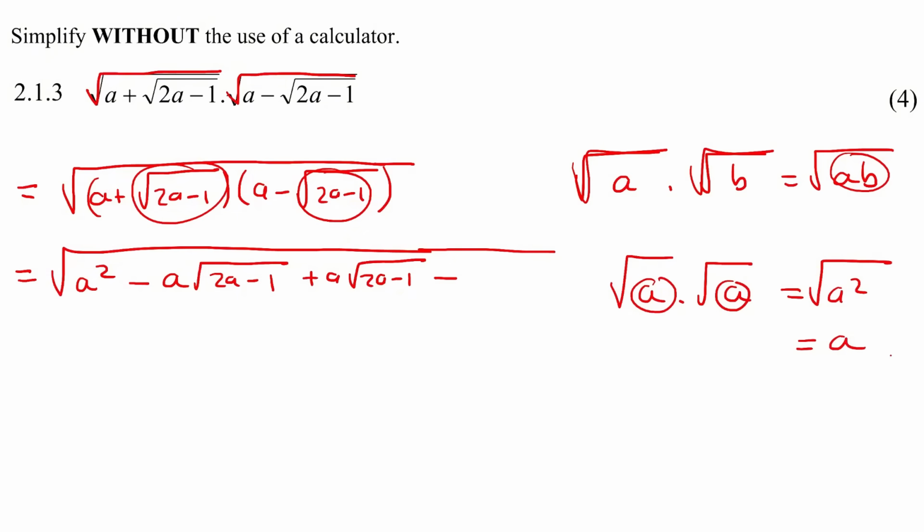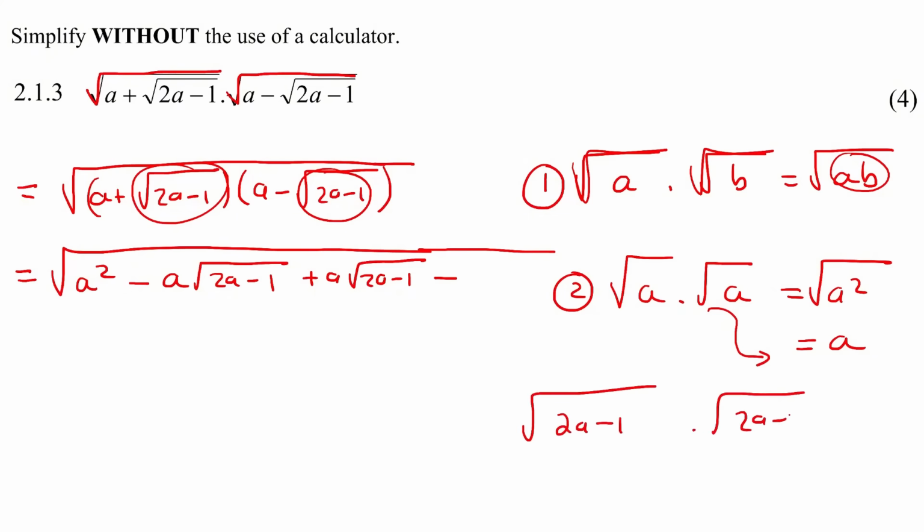It becomes a. So if that's the first rule, then this is a second rule. When the two things that you are multiplying together inside the square root are exactly the same, the final answer just becomes that thing without the square root. So if you multiply square root of 2a minus 1 with the square root of 2a minus 1, the final answer actually just becomes 2a minus 1.